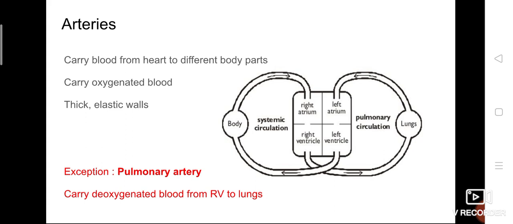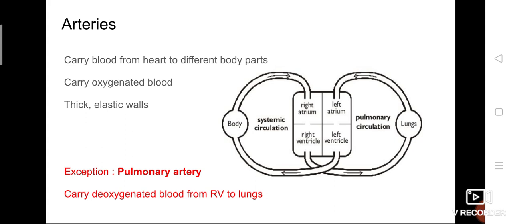Elastic means both contraction and relaxation take place because of the pressure. So arteries are thick blood vessels and they are elastic in nature, and they transfer blood from the heart to different body parts. They transfer what blood? Oxygenated blood. But one exception is there. That artery is the pulmonary artery.